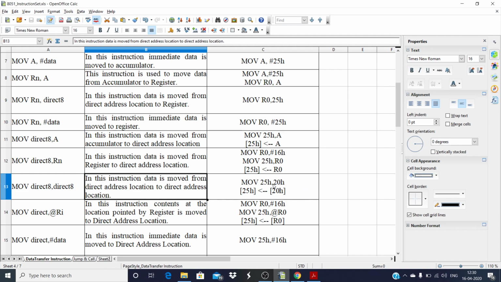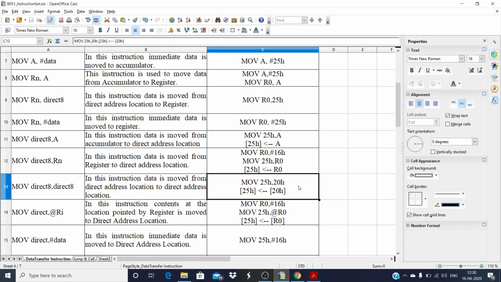So for example, move 25h comma 20h. Here the contents of address 20h will be moved to 25h. You can see here clearly, from 20h to 25h.